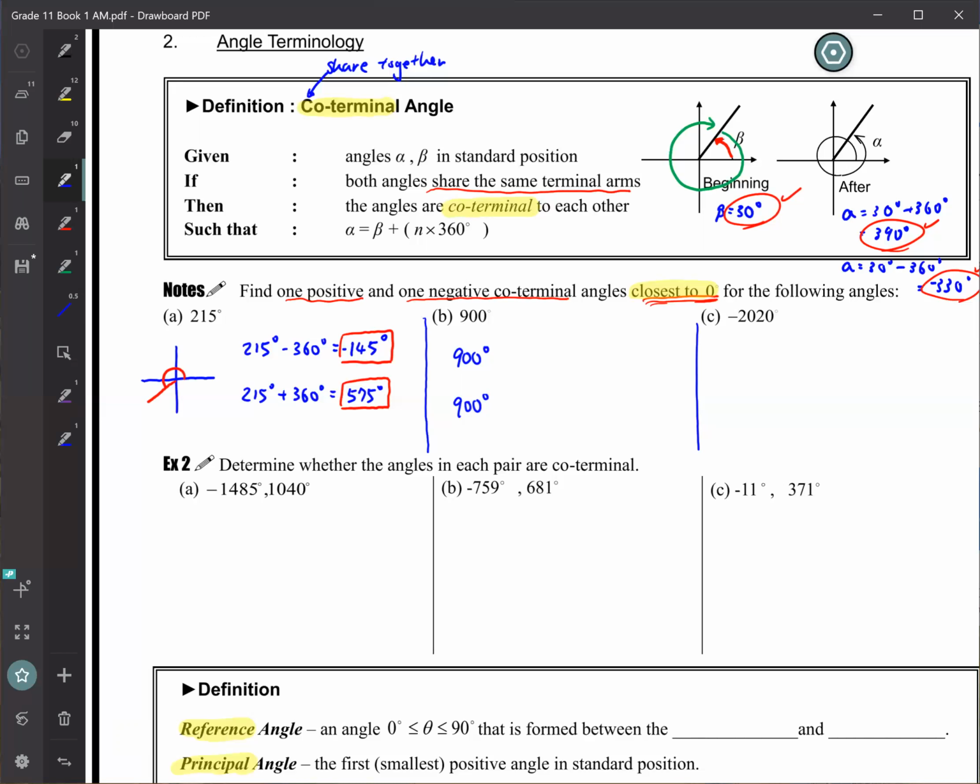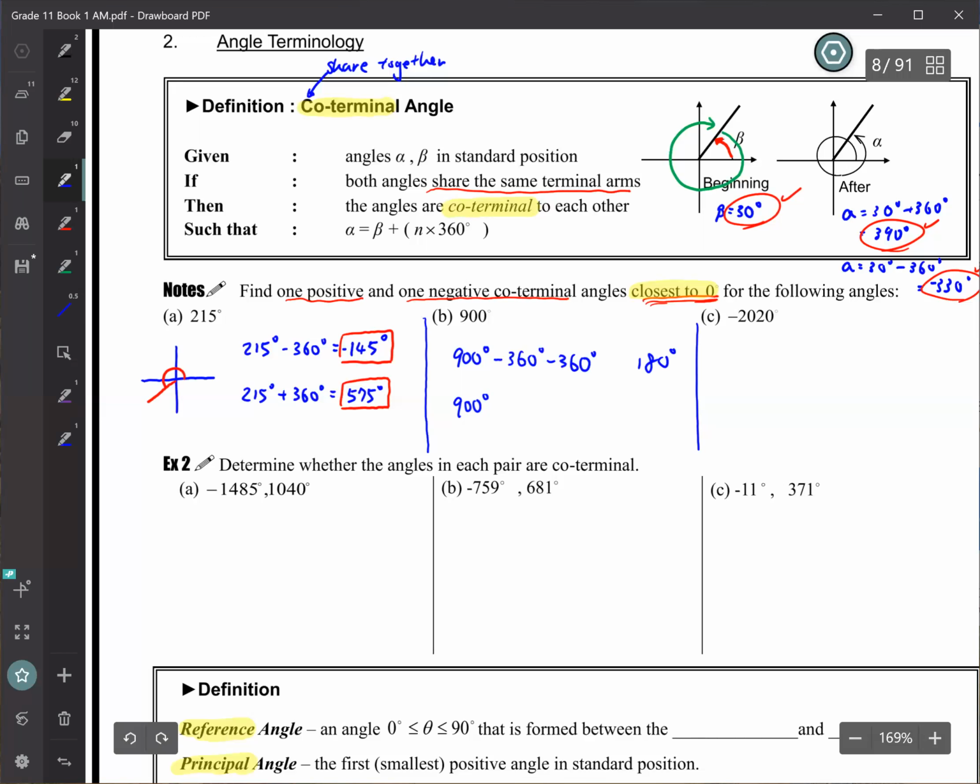Okay, Sarah, can I have your positive angle for 900 degrees? 180. Okay, so if I want to get to 180, I need to subtract 360 and subtract one more time, because it's not close to 0 yet.